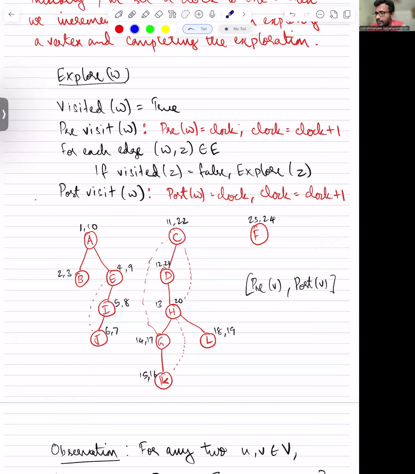Yeah, somebody has responded. That's correct. So we will not have the situation where the interval for U is like this and the interval for V is like this, neither contained nor disjoint. They intersect in some middle place. This cannot happen.